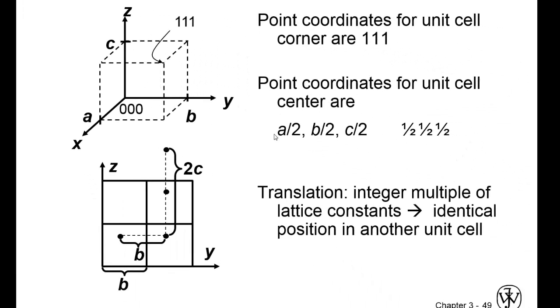If you want to get to the center, we take half of that. So we go A over 2 to about this location here, B over 2 to about this location here, and C over 2 to about this location here.